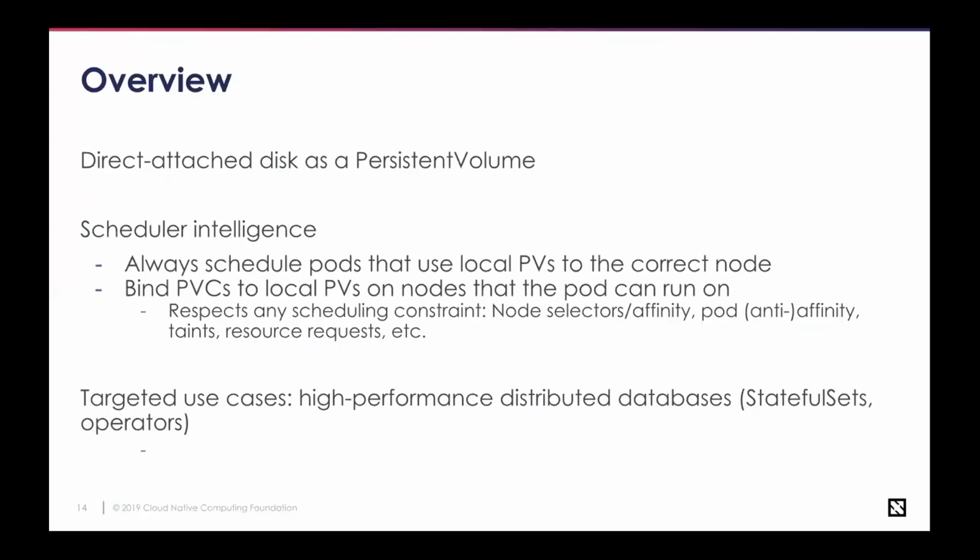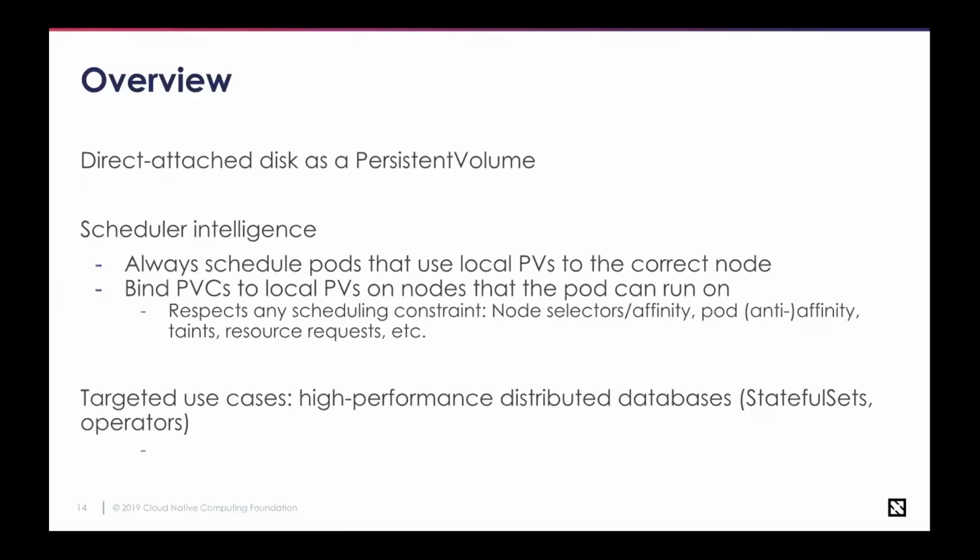Kubernetes previously mainly supported remote storage systems like a cloud provider's remote block storage service, or networked file systems like NFS. And as a result, many of the Kubernetes components assumed that storage is equally accessible from any node in the cluster.